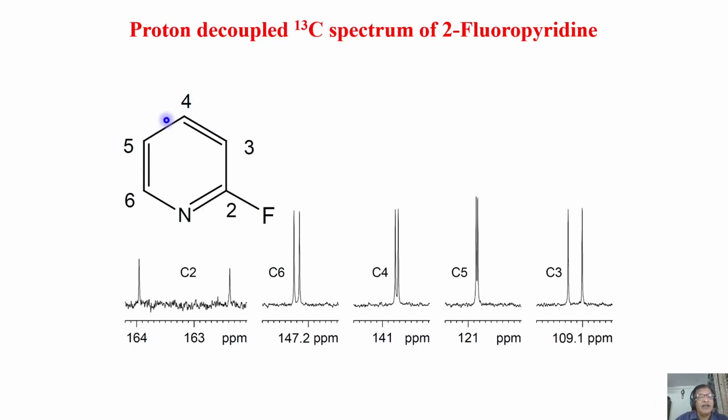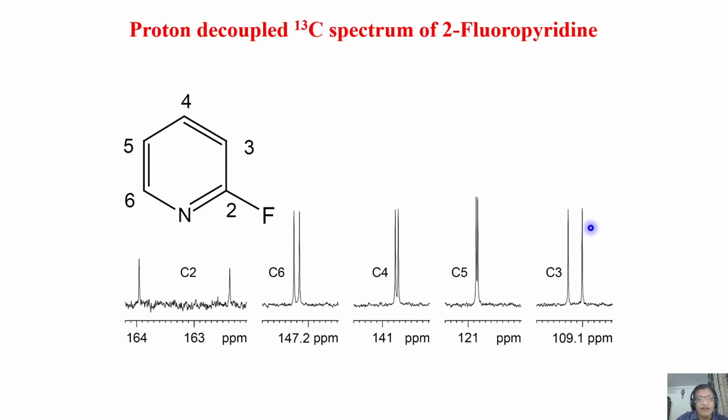Our job becomes very simple now. You only have to consider carbon fluorine couplings. This is carbon 2; because of the large separation, it is a doublet. This is the 1J-CF coupling, and the next largest separation is this, the 2J-CF. Then I would safely say this is carbon 3.